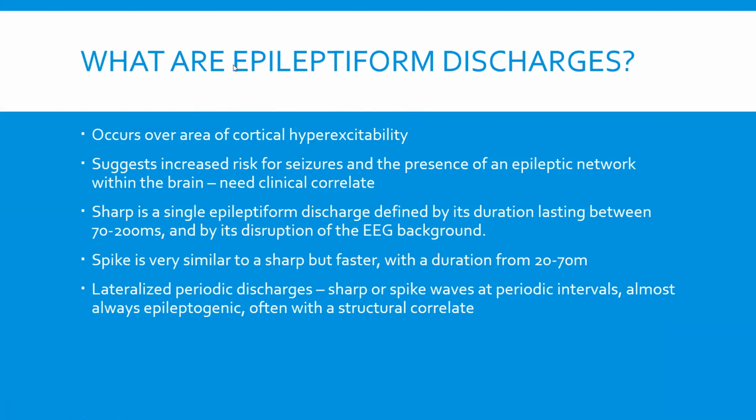Epileptiform activity means sharp waves and spikes. Sharp waves are 200 milliseconds. Spikes are similar to sharps, but shorter. Sometimes these sharp waves can be periodic, meaning they can occur back to back. We'll look at some examples.